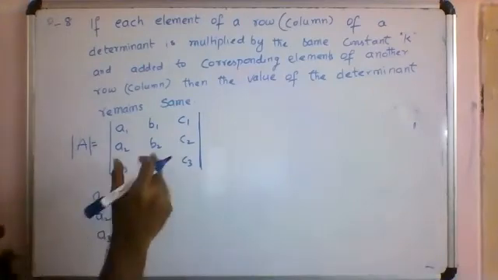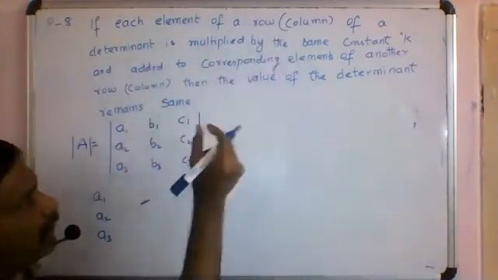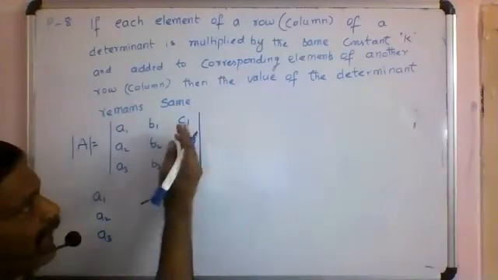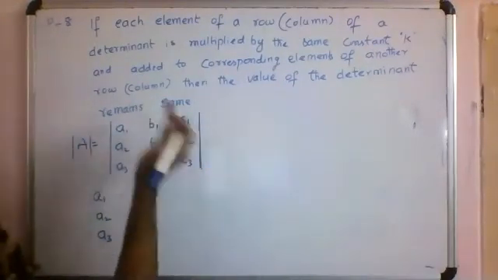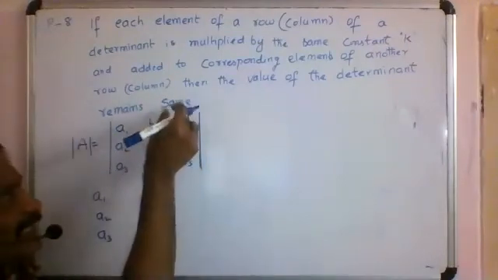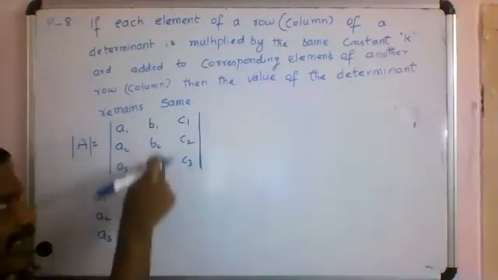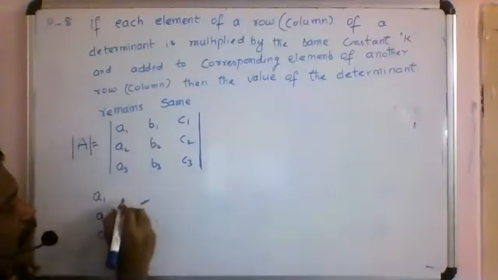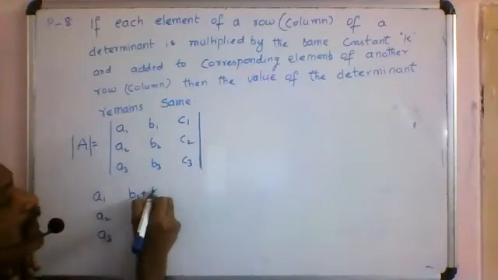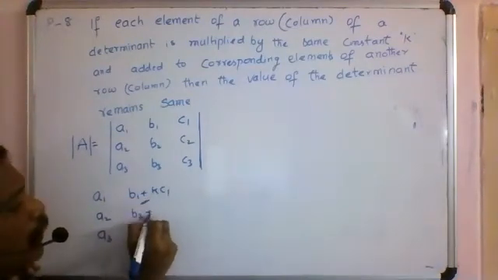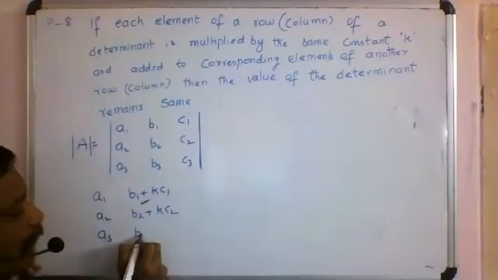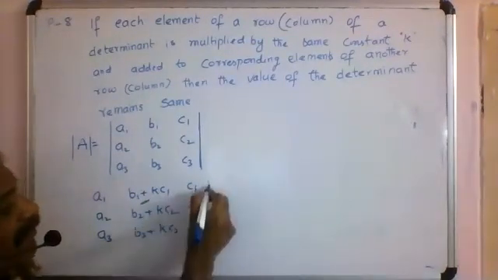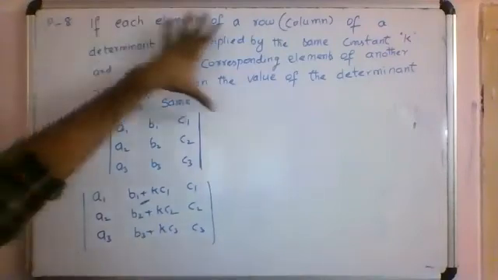We can add kc1, kc2, kc3 to either of the other columns. I am adding to the second column: B1 plus kc1, B2 plus kc2, B3 plus kc3, and C1, C2, C3 remain the same. That is the meaning of this entire statement.